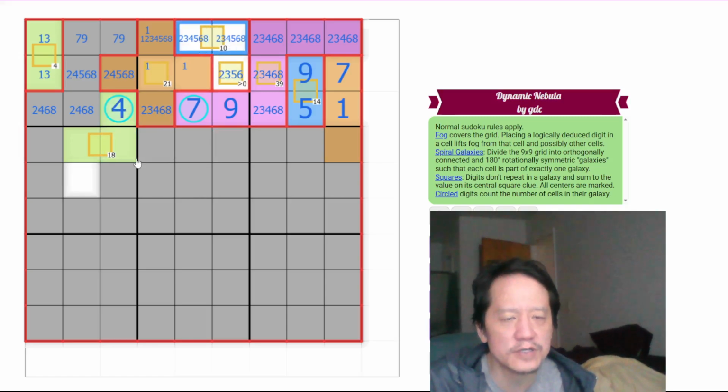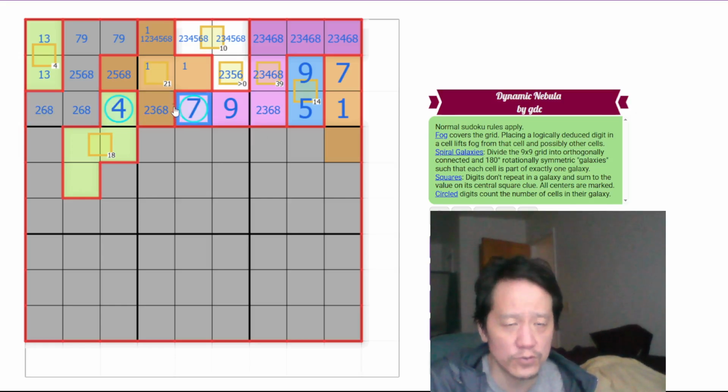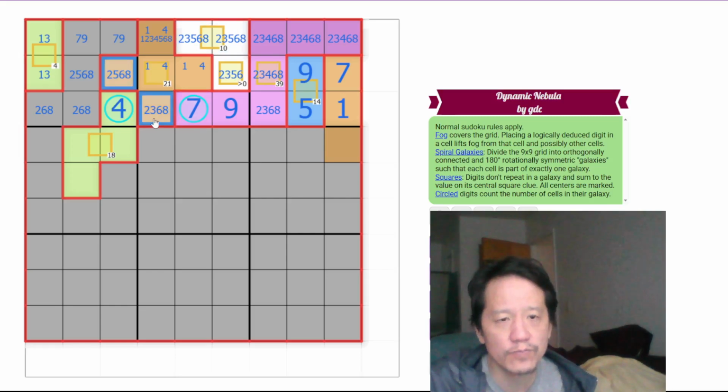There we go. This is a galaxy, so this has to be the size here. And it must be this. So this cannot be 4. None of these can be 4. We know then 4 has to be one of these 3, which means this can't be 4 here either.